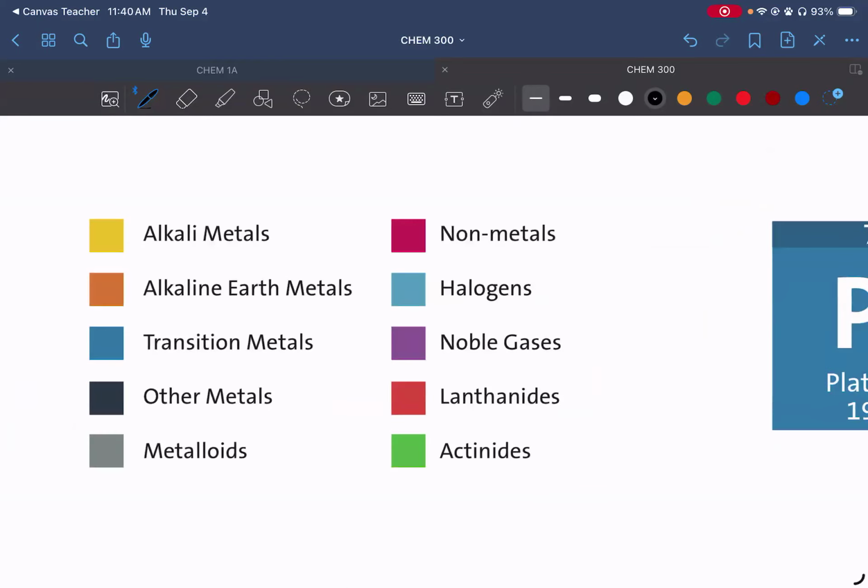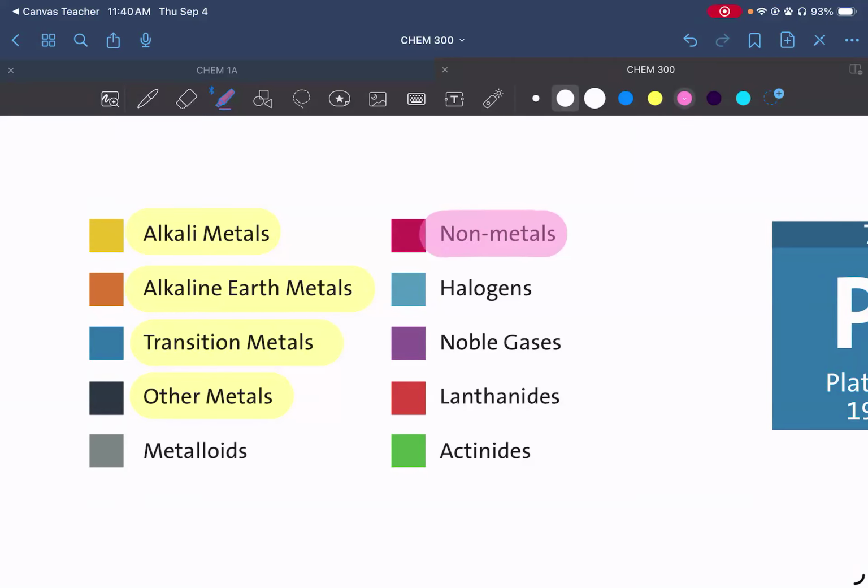Please also notice the categorization shown here with the different colors. The first four are all classified as metals, just different categories of metals: alkali metals, alkaline earth metals, transition metals, and other metals. I do not need you to be able to separately identify piece by piece, but I do need you to know there are metals on the periodic table.